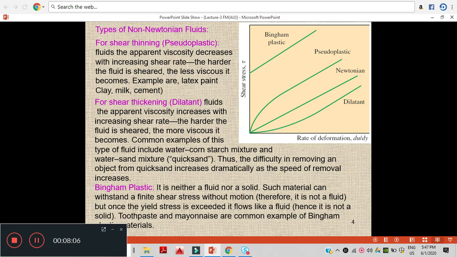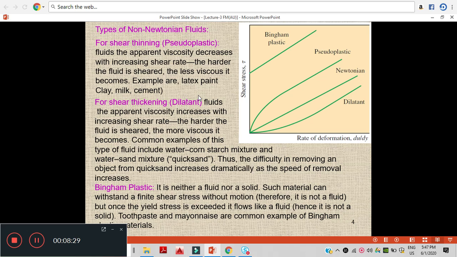That means the liquid deforms as long as we stir the fluid, or as long as we apply the shear stress on the fluid. So for latex paint, clay, milk, and cement, if we are applying shear stress, their viscosity decreases.